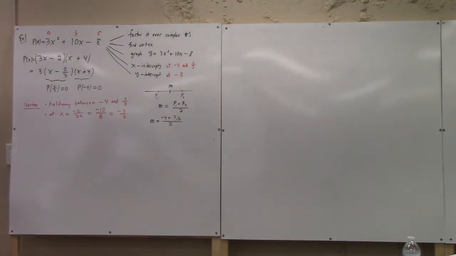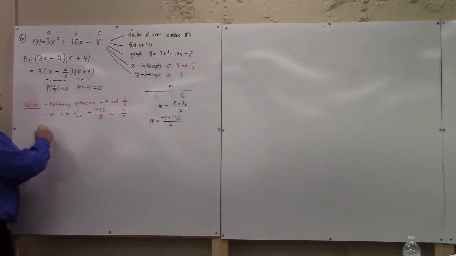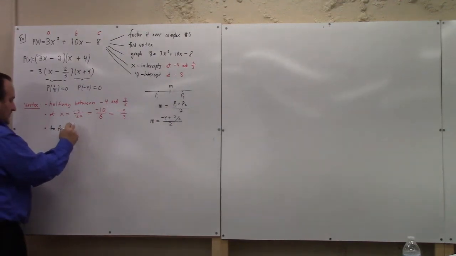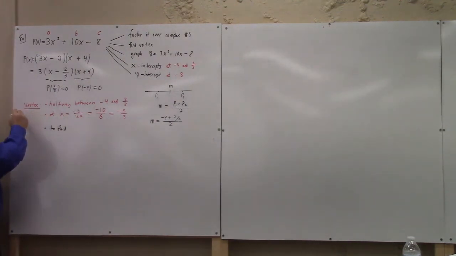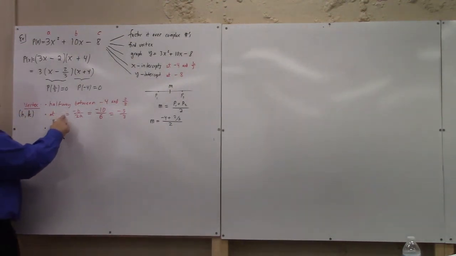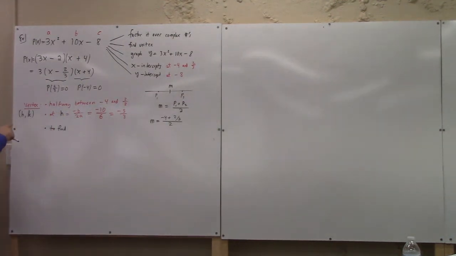What about the y coordinate of the vertex? Remember the vertex we labeled h comma k, the usual notation for it. So you could say that this x is really h, if you like. So we found h is minus 5/3. How do we find the k?